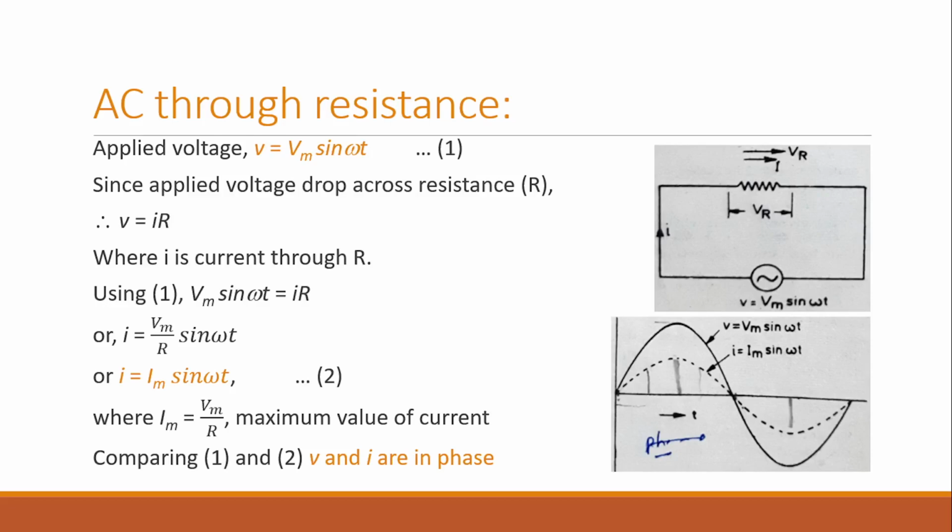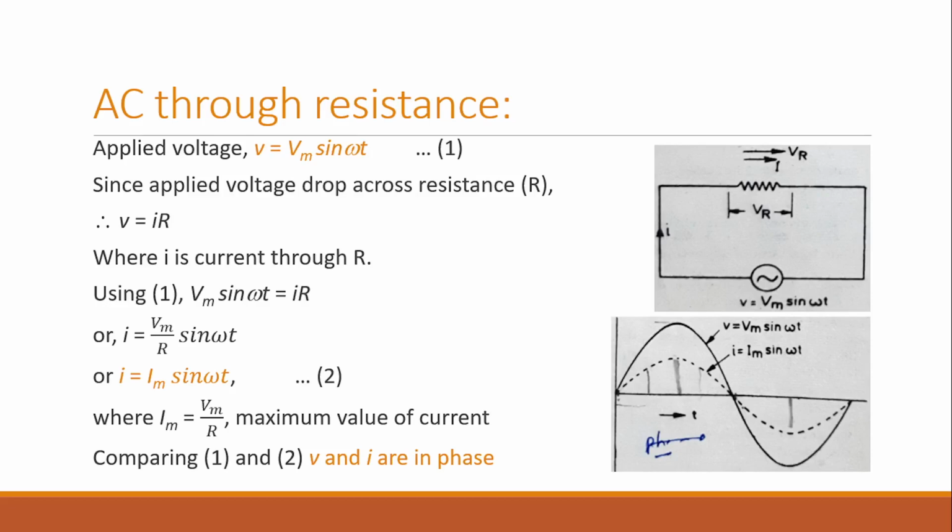Thus we can say that there is no phase change between voltage and current. That means voltage V and current I are in phase. Same we have shown in the lower figure, where solid line represents voltage V while dotted line represents current I. Remember that magnitude of the current, maximum value of the current is reduced.